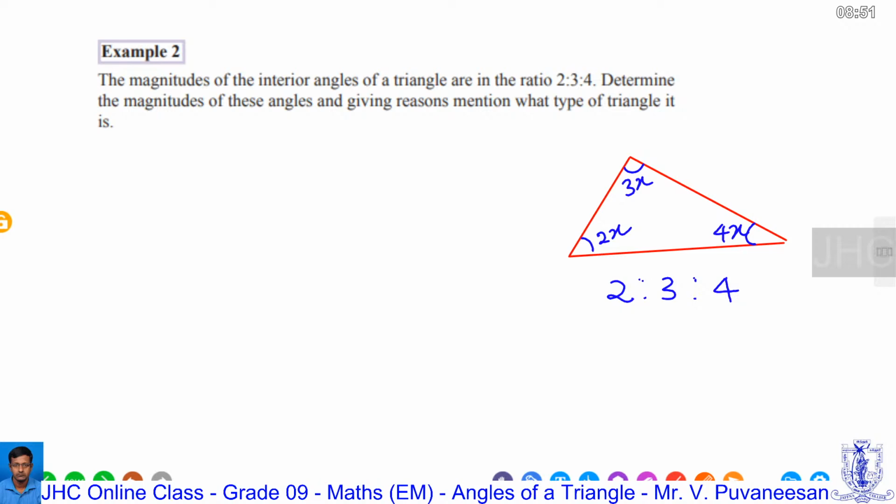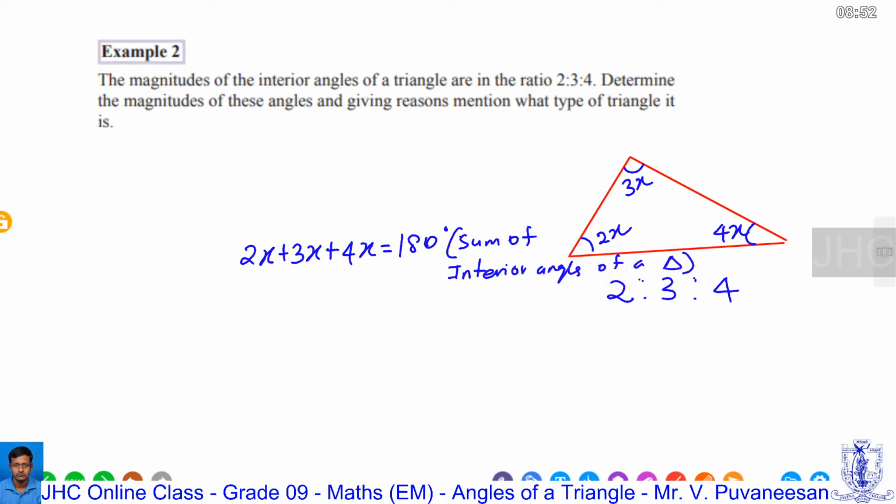So now we can write according to the data: 2x plus 3x plus 4x equal 180 degree. Reason: sum of interior angles of a triangle. Okay. Now 9x equal 180. So x is equal 20.